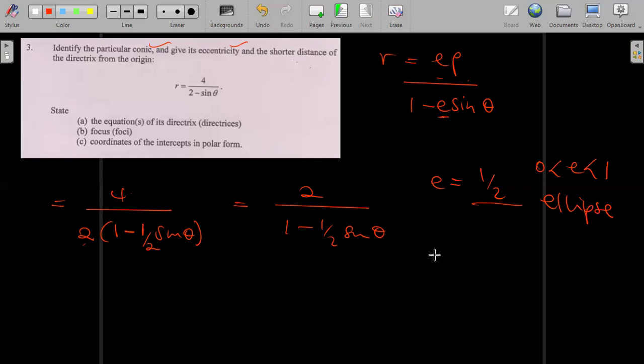So ep is equal to 2 in our case. We know our eccentricity is half, so I can replace that, and multiplying by 2 on both sides, we have p equal to 4. So this is the distance from the origin to the directrix. So we found that part.